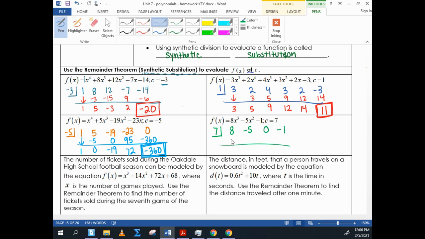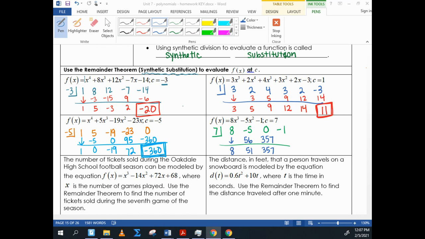And let's try blue. Okay, so this 8 is going to drop straight down. 8 times 7 is 56. 56 minus 5 is 51. Times 7 is 357. Plus 0 is 357. Oh dear, I don't even have a calculator.